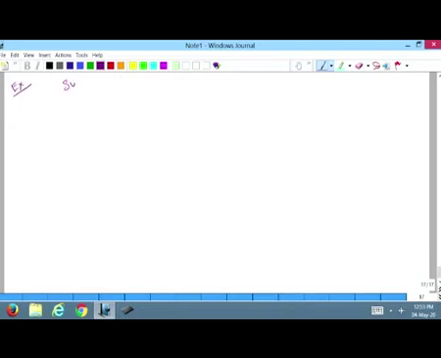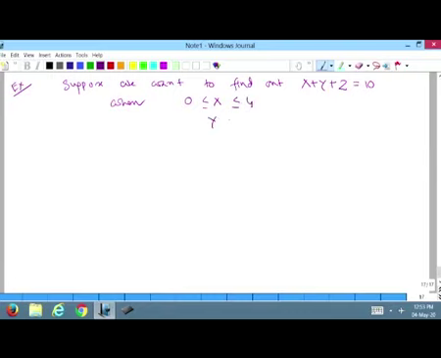Suppose we want to find out x plus y plus z is equal to 10 when 0 less than equal to x less than equal to 4, y greater than 0, that means it can take any positive integer, and z greater than equal to 0, that means it can take 0 also.